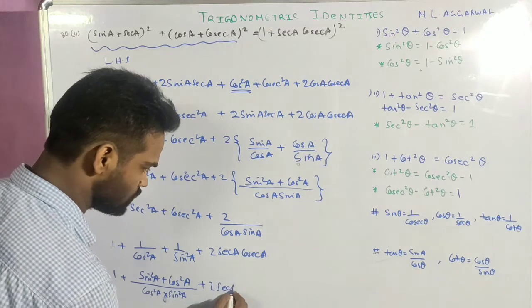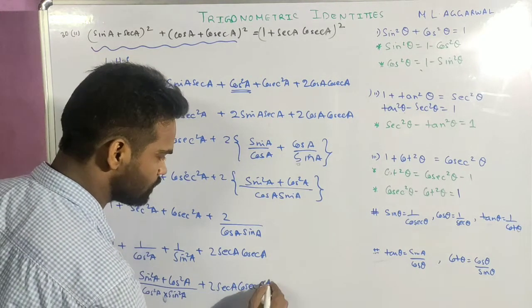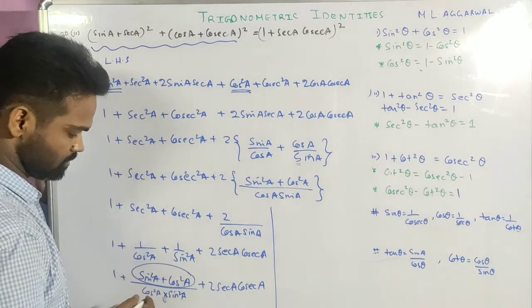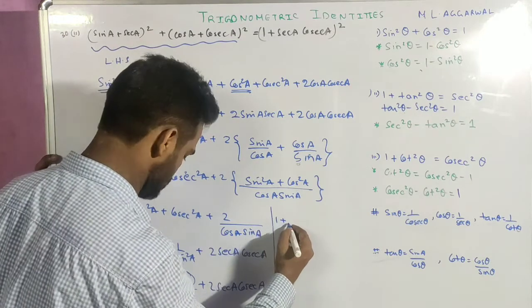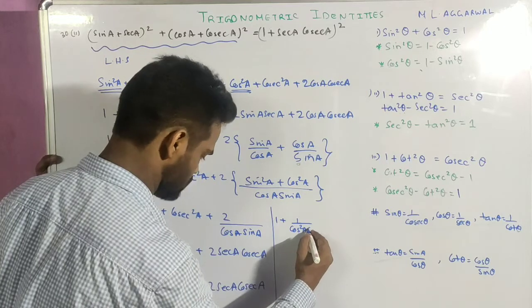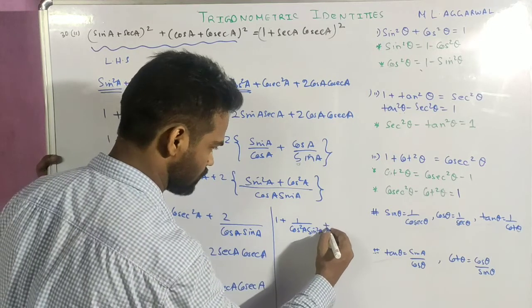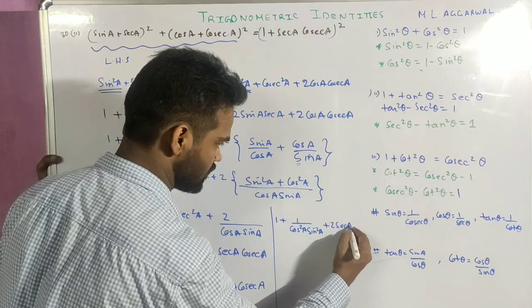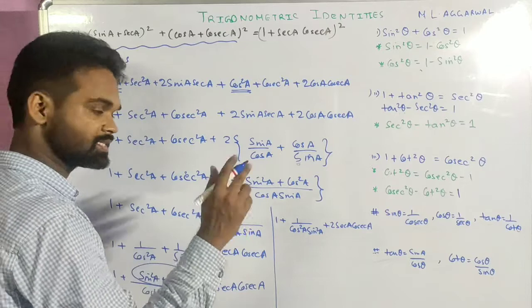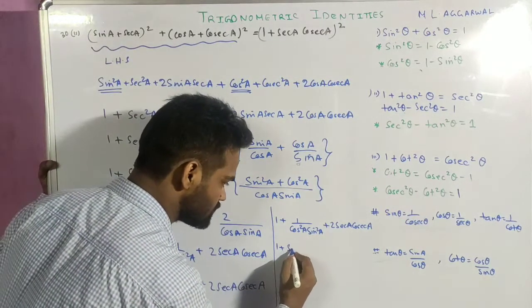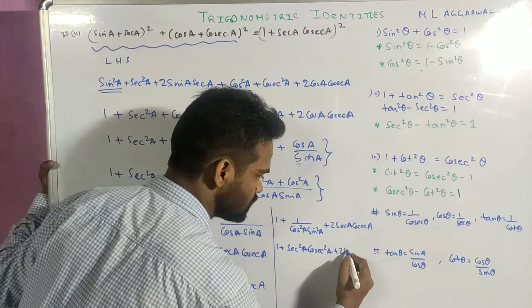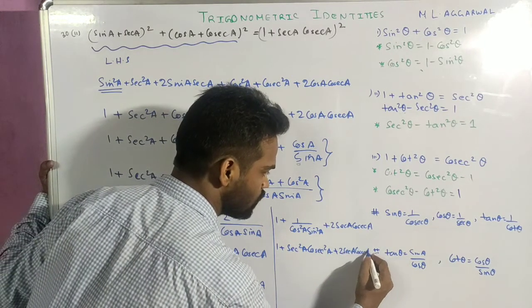Plus 2 sec A cosec A. Now this is 1. Okay. So what remains? 1 plus 1 by cos square A sin square A plus 2 sec A cosec A remains. Now 1 by cos becomes sec. So that becomes 1 plus sec square A cosec square A plus twice sec A cosec A.